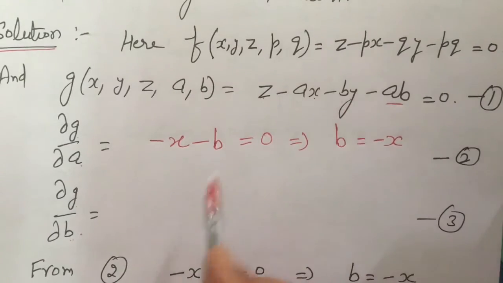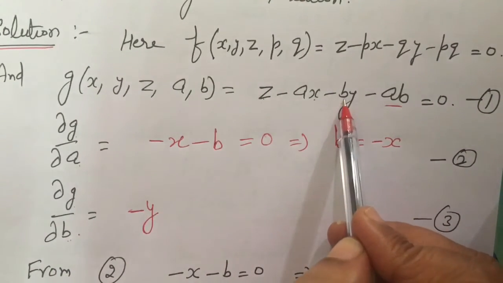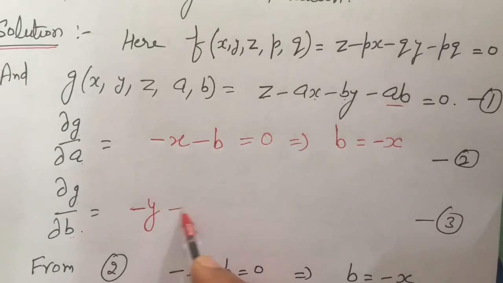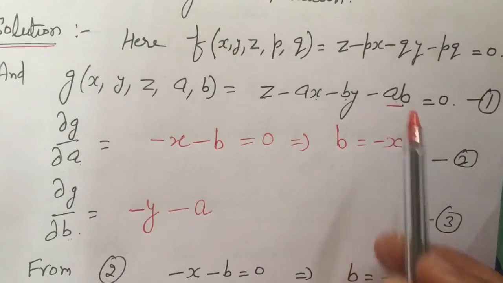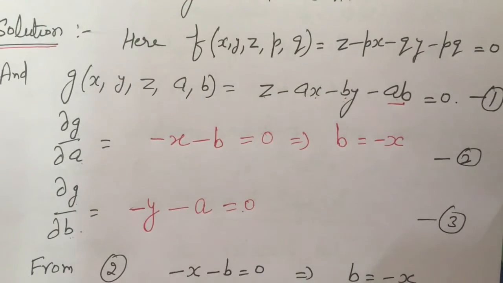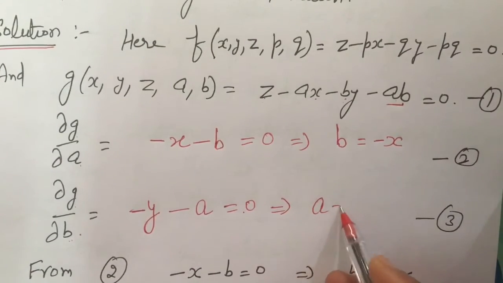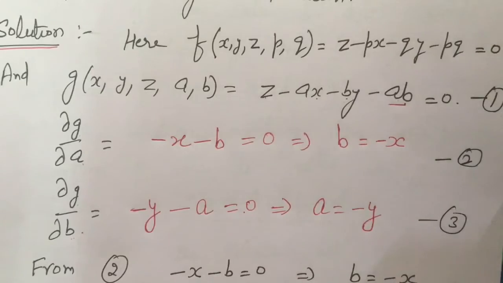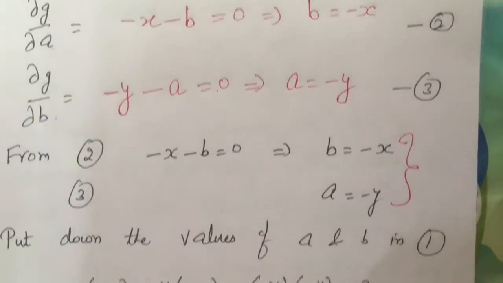Here minus y is constant and the derivative of b is 1. Again, minus a is a constant term, and the derivative of b is 1. This equals 0, and from this relation you get the value of a equal to minus y. In this way, you get the values of a and b.